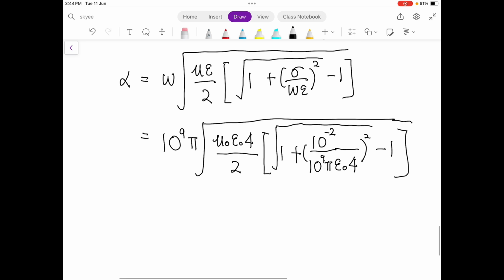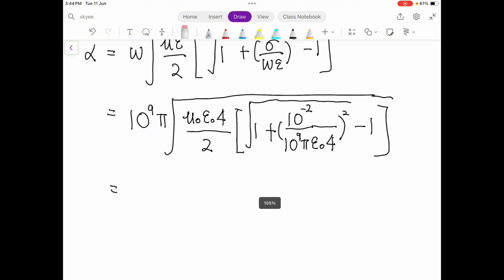So I think I will straight away calculate it. Maybe I will calculate part by part, because later on for the beta I need the same thing also.